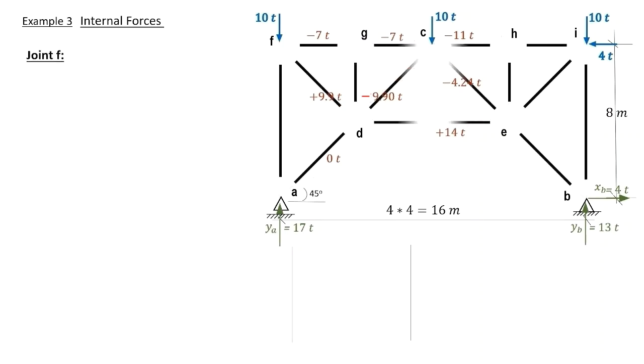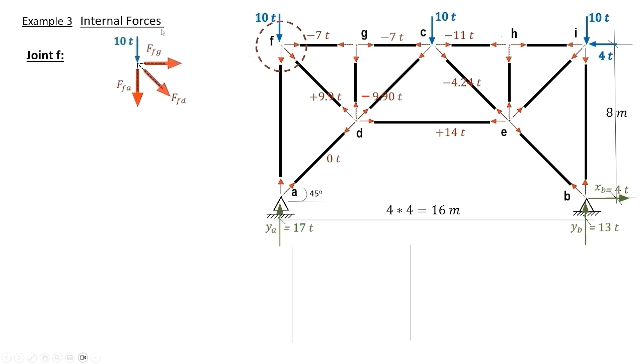Joint F. To consider the joints, we simply have this plot which indicates that all internal forces are considered to be tension forces, and we extract our joint F with all the external and internal forces connected to it, and we analyze the force in FD into the two components.